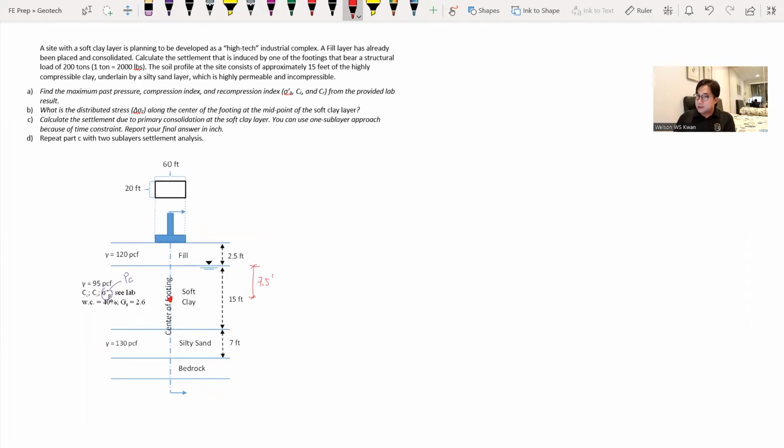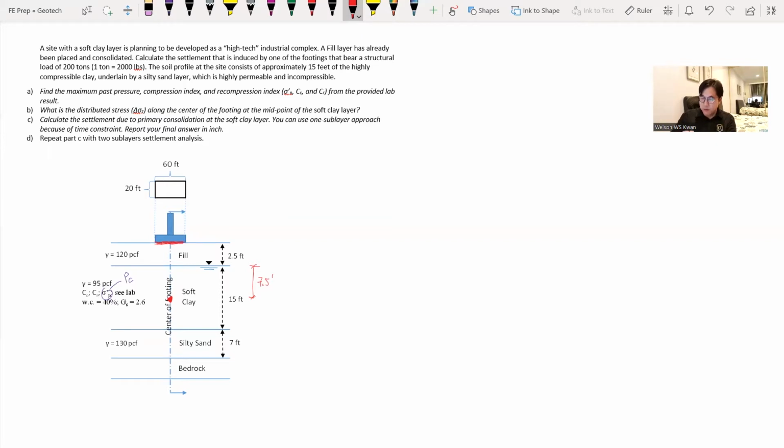And we know it is a distributed stress because the stress from the footing will be dissipated through the depth. So the amount of the loading felt by the soil will become less and less when the depth is increased. So right at the interface, we are feeling all the stress.